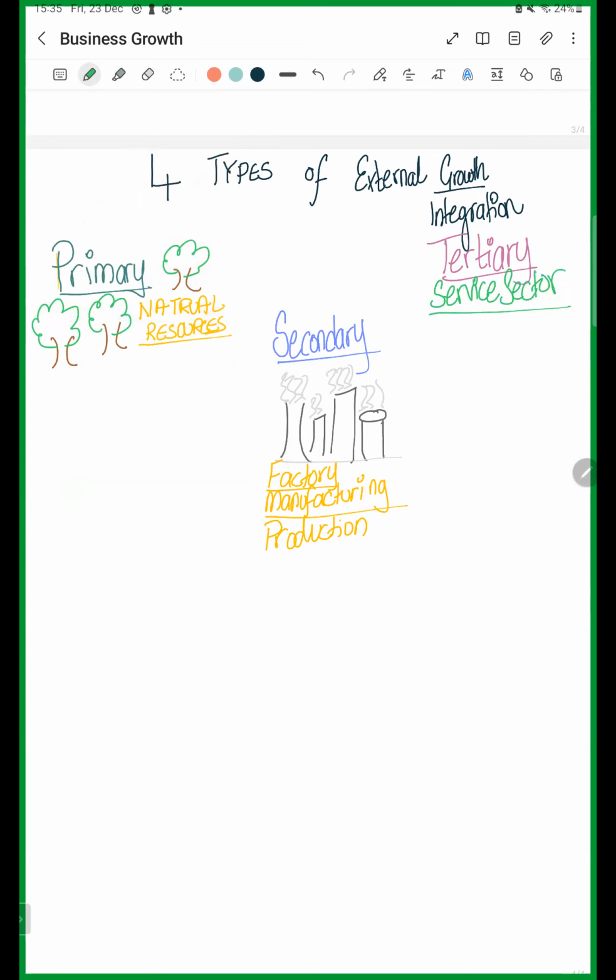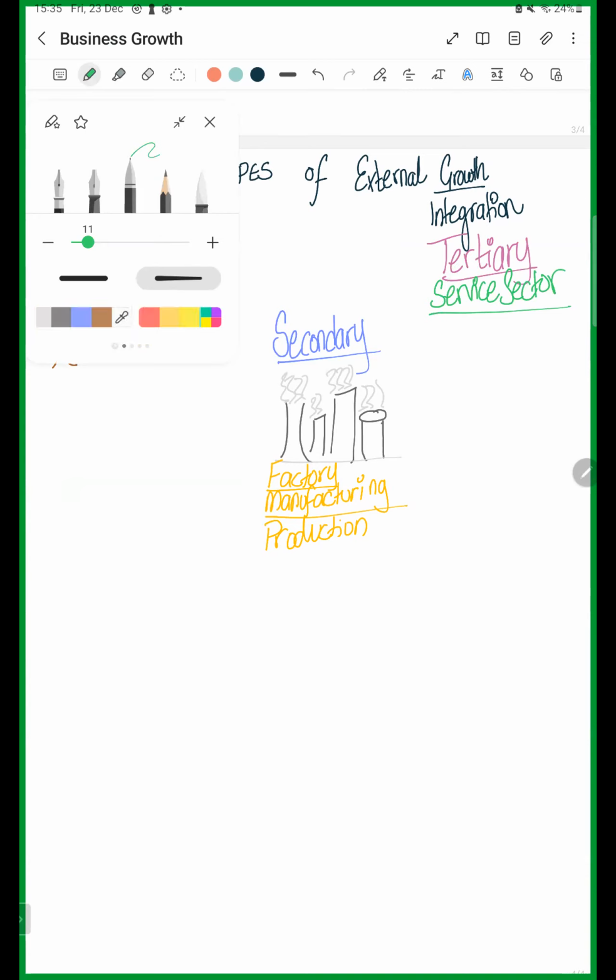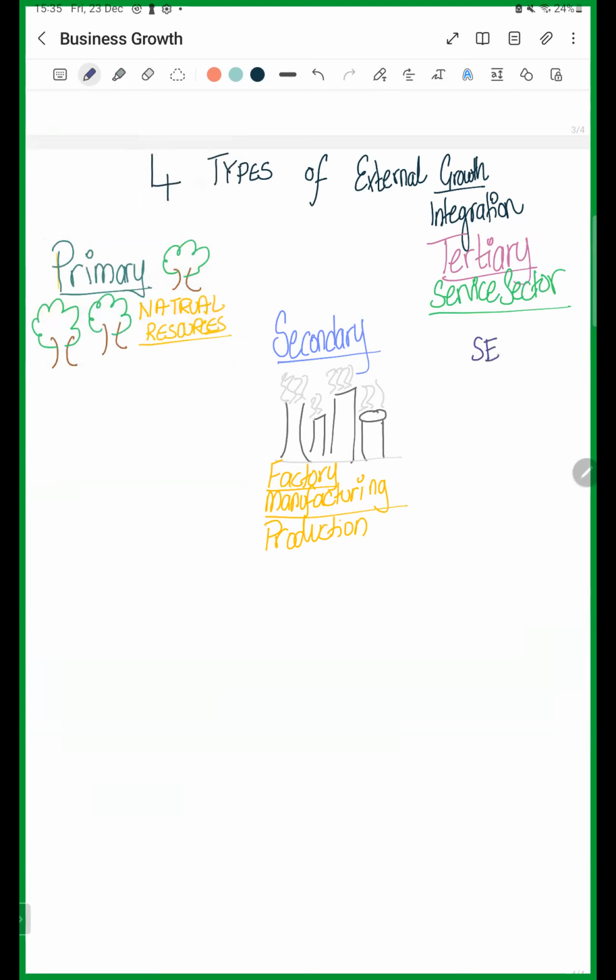What happens in the service sector is obviously they provide service. So everything that was made in the secondary sector, you start selling over here. It's an intangible kind of service, let's say. You cannot touch it, but you have to provide a service.